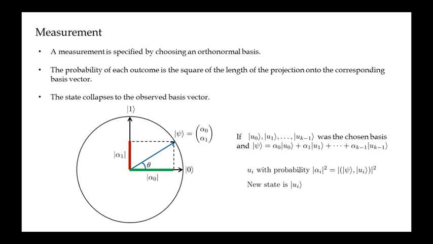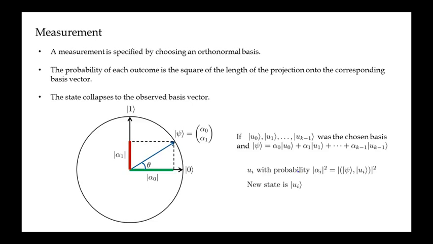We've learned that a measurement corresponds to the choice of an orthonormal basis for the space. The result of the measurement is one of k possibilities, each corresponding to one of the basis vectors. The probability of each basis vector outcome is the square of the inner product of the state vector with that basis vector.